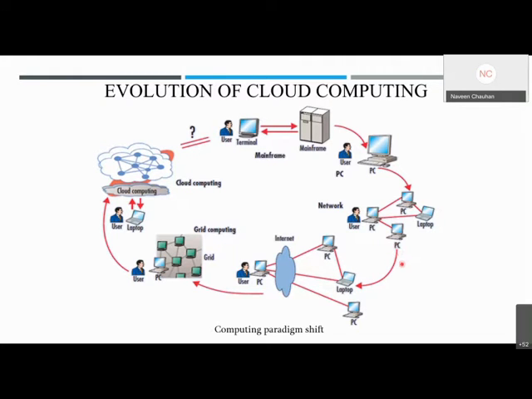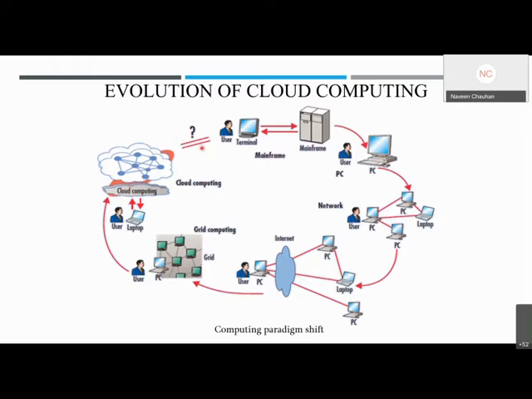After that, we have everything connected to the internet. So this overall is known as the computing paradigm shift, right from mainframe computers up till internet and grid computing, and then cloud computing. And then there is a question mark.